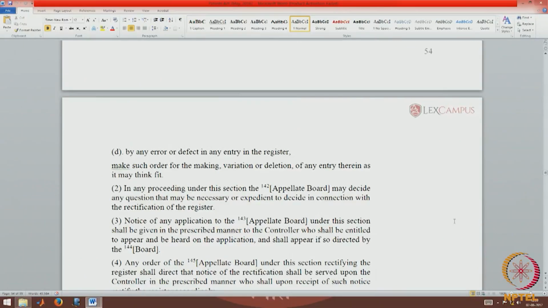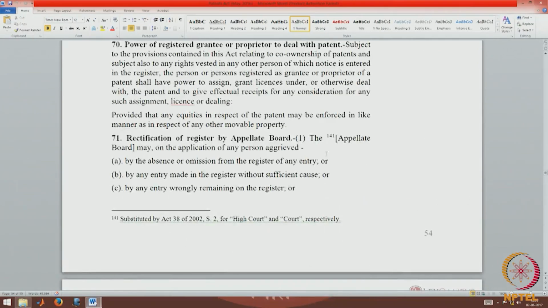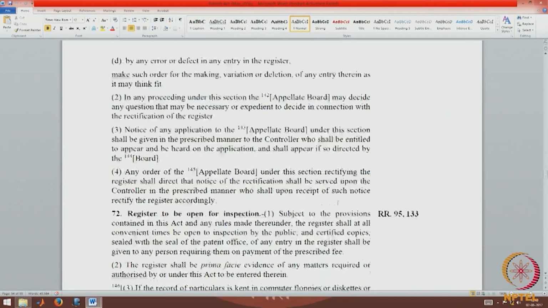So if you request a certified copy of the register and you find that some error exists which is not correct or true, then you could file a petition to rectify this. The appellate board may make such order for making variation or deletion of any entry therein as it may think fit. This is within the power of the appellate board to do.